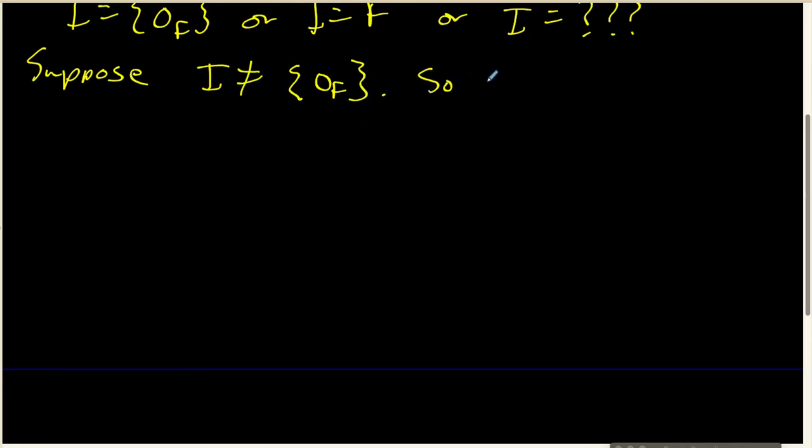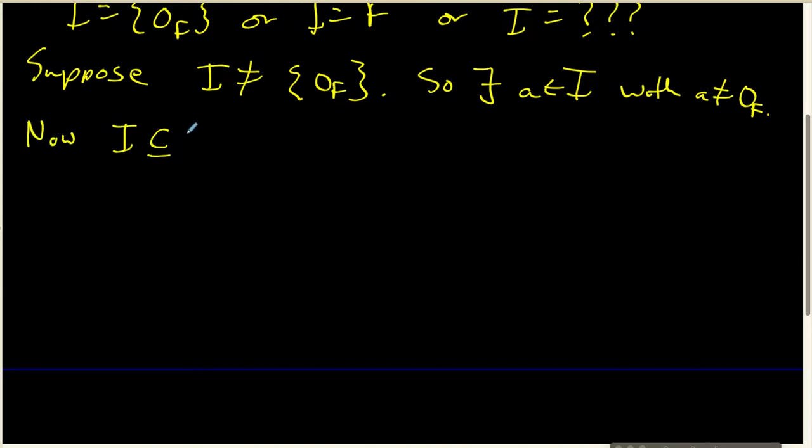So what that says is there does exist somebody inside I, with that somebody not being equal to the zero element of F. Now, since I is an ideal, I is also a subset of the field F, and hence a inside I implies a is also part of my field.